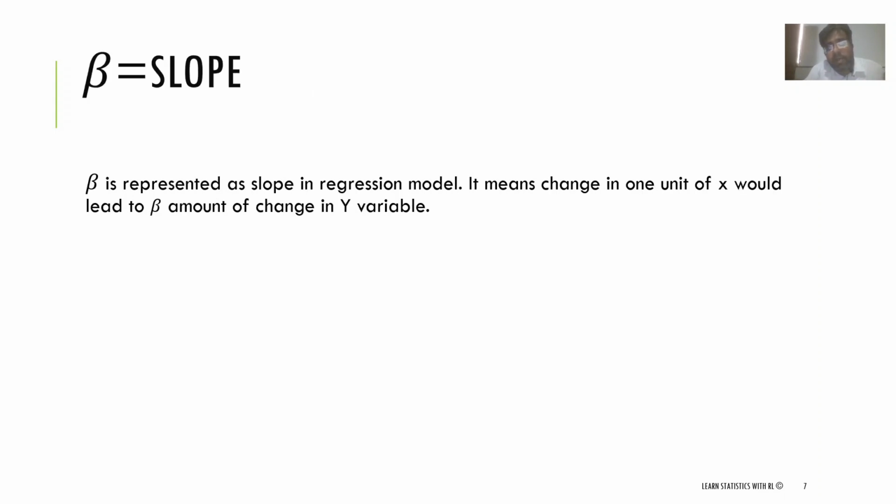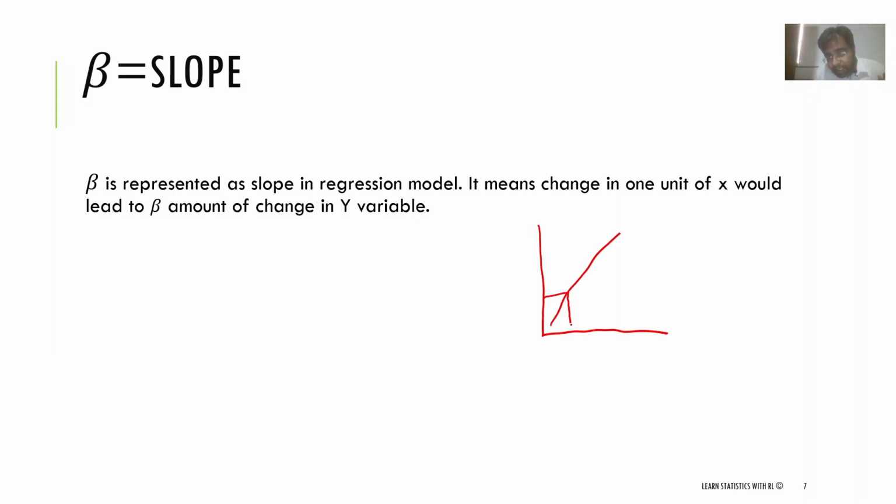Moving one step ahead, slope. Slope is when you change x by one unit, it leads to a change of beta amount in y. If I want to show it graphically, just see here, this is my regression line.